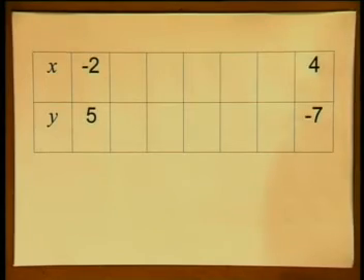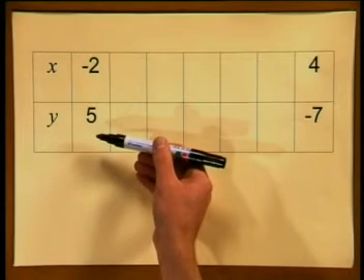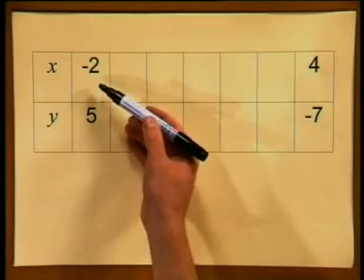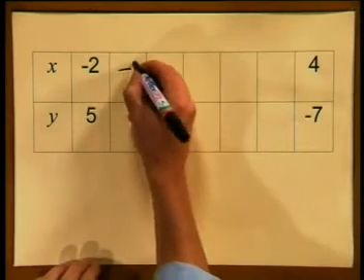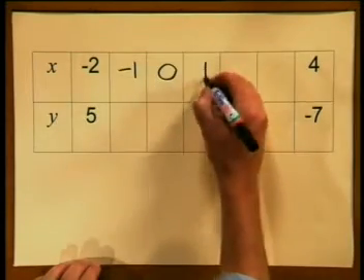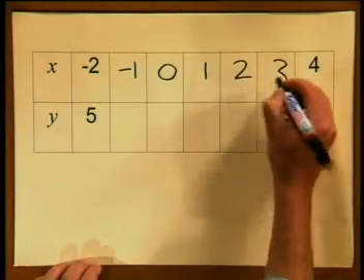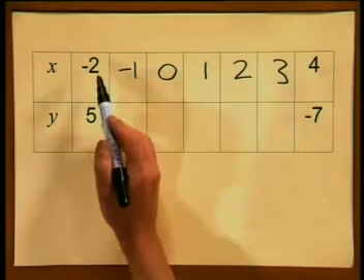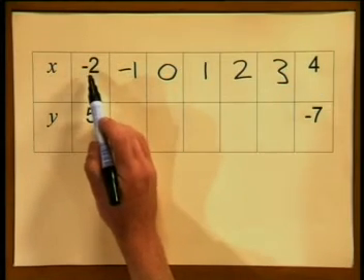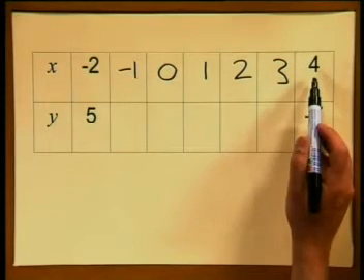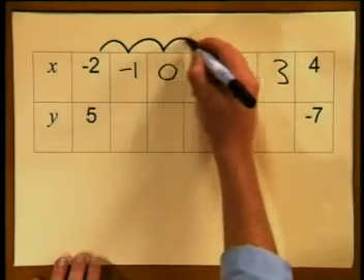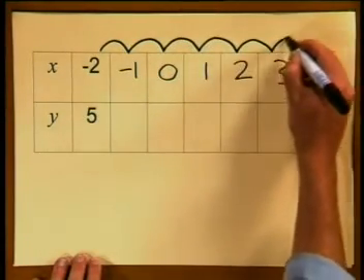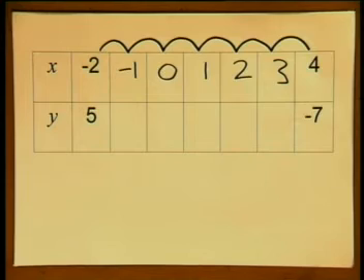For a rate of change, we look at how the output values change when the input values change by 1. So let's fill in the input values. Now, from where x is equal to minus 2 to where x is equal to 4, that is a total change of 1, 2, 3, 4, 5, 6 units.